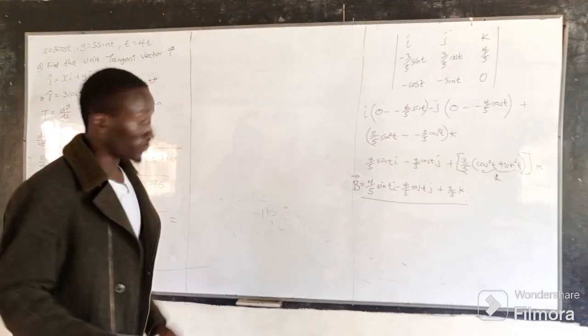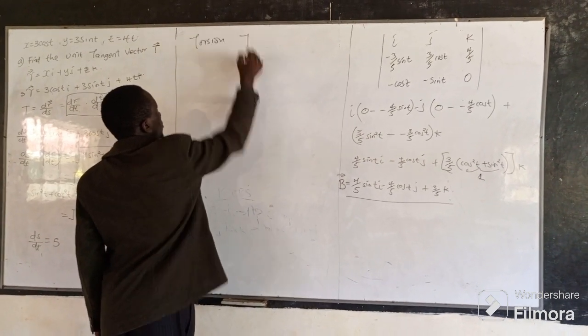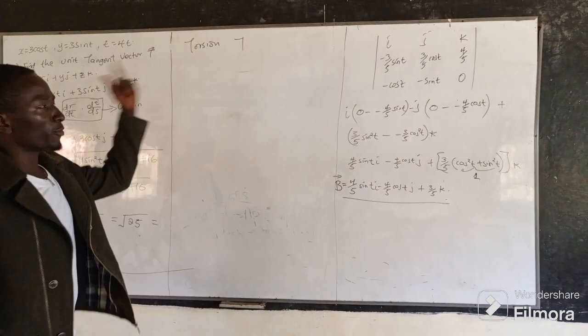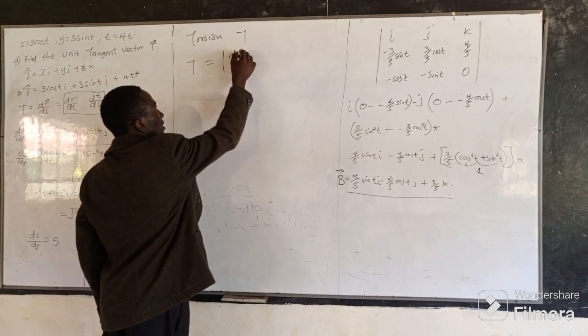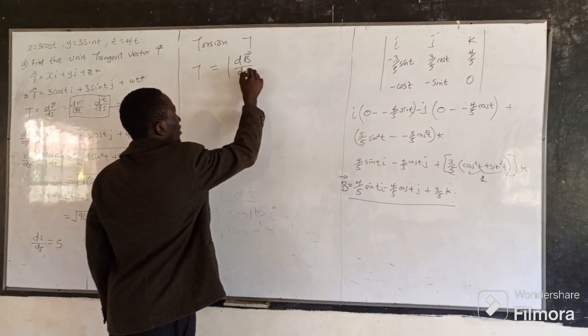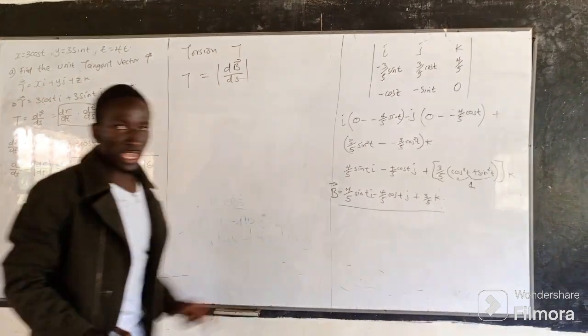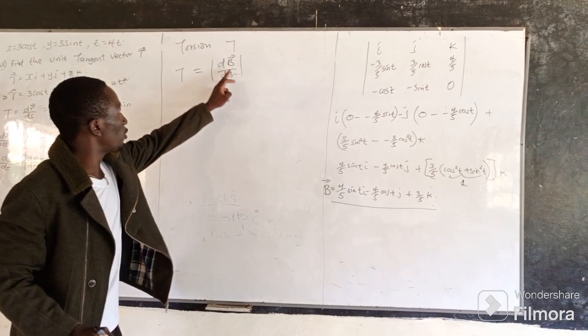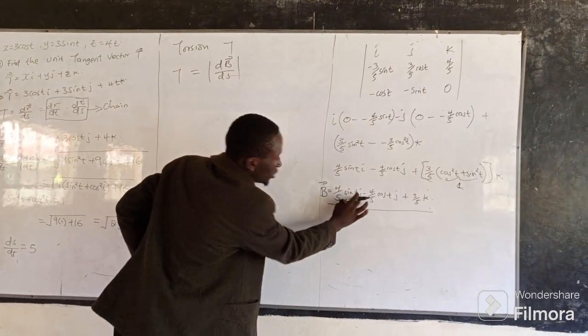Now the last part of the question is finding the torsion. From the formula, we have been told that torsion is equal to the magnitude of dB over ds. I'm already having my value of B here. I can find dB over ds, but I'm having B with respect to t.